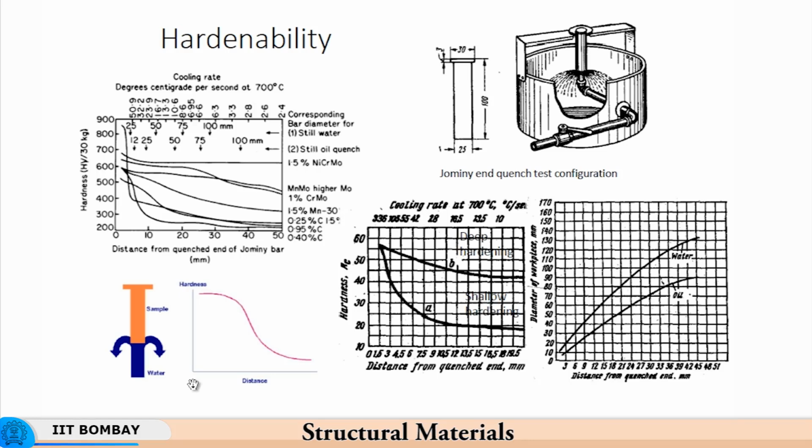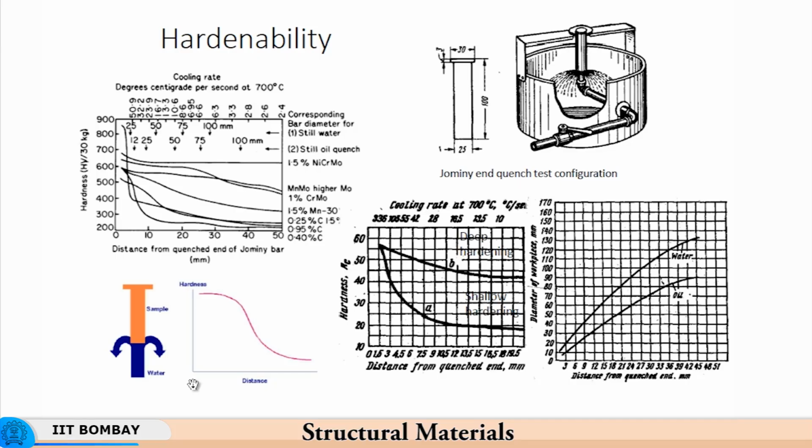It is a very shallow hardening that occurs, whereas deep hardening means the depth of hardening is much higher, and the magnitude of increase in hardness is also extremely high. That is called deep hardening or through hardening, as you see in the case of 1.5% nickel chrome moly steel.